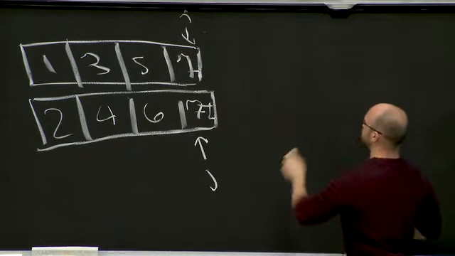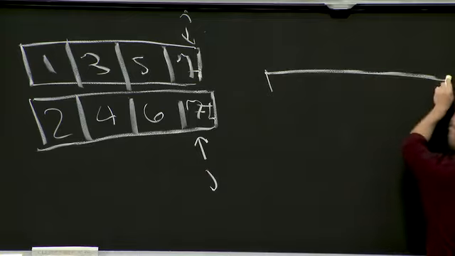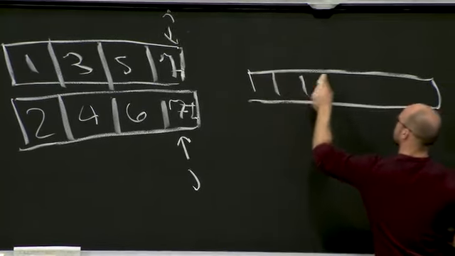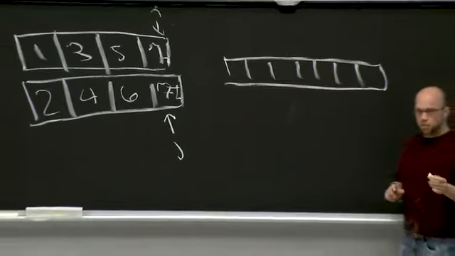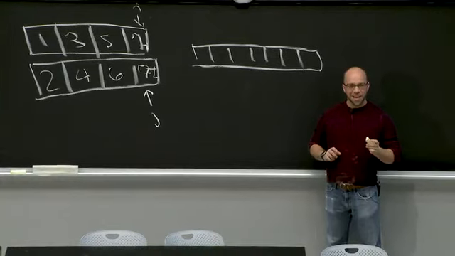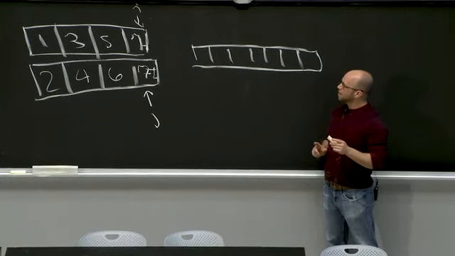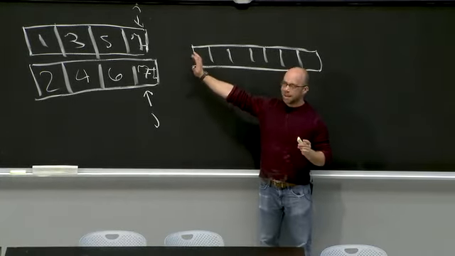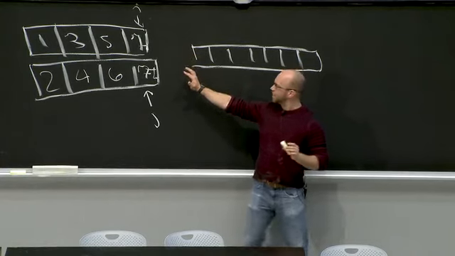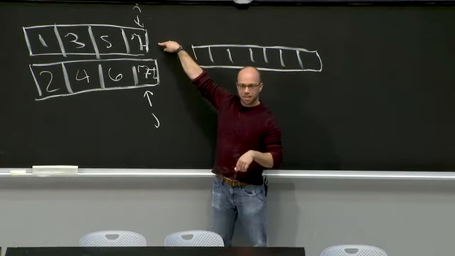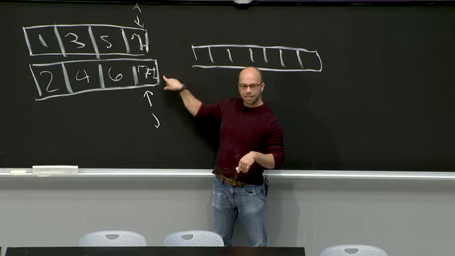Right? And my goal is to construct an array A with a bunch of elements in it. And the way that I'm going to do it is I'm going to use exactly the same kind of recursive argument, right? That I can either have the biggest element of my array be the last element of the first guy, or be the last element of the second one. Yeah?